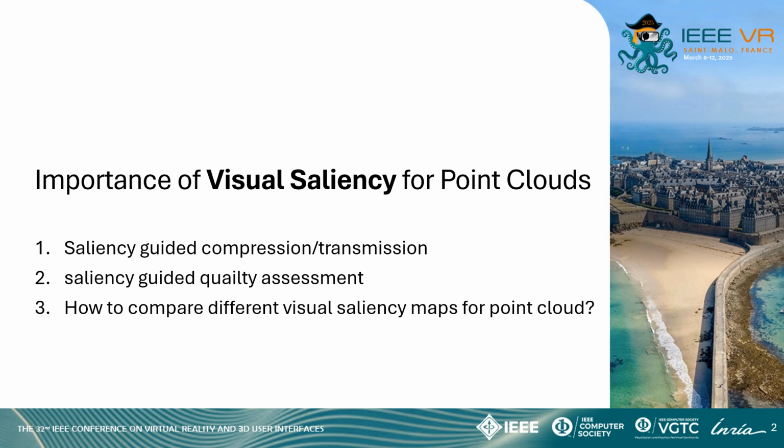The other problem is that there are many different algorithms to detect or predict visual saliency. There are many existing metrics to compare the similarity of visual saliency maps on content, for example images, but there is no such metric for point clouds.